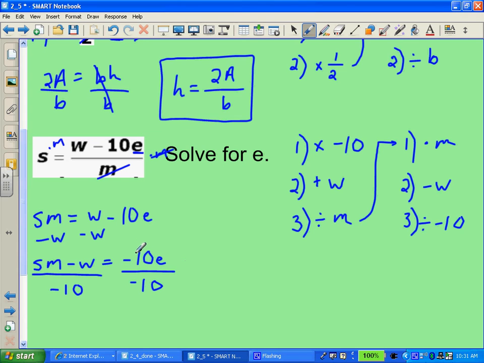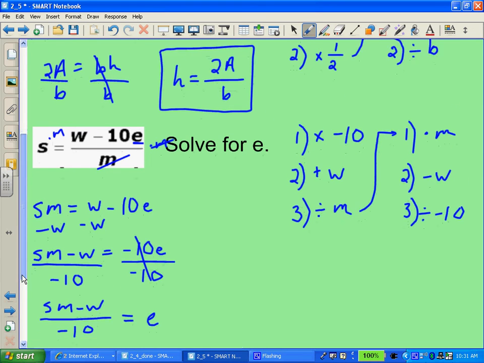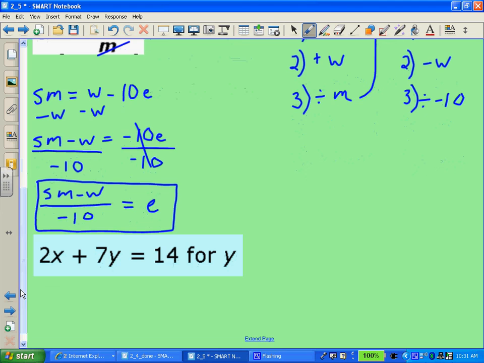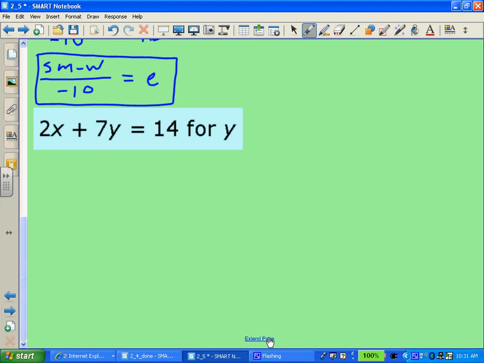And I have to divide this whole thing by negative 10. So negative 10's over here, cancel. And I have SM minus W over negative 10. And I'm done. I've gotten the E by itself.